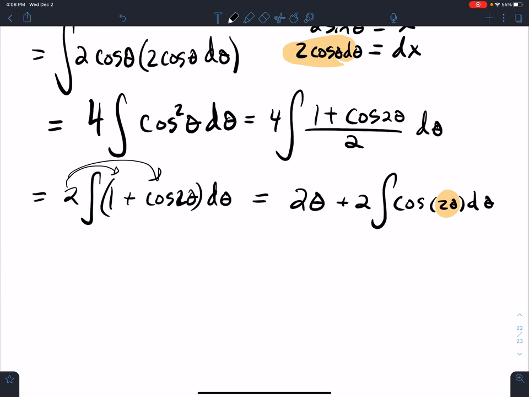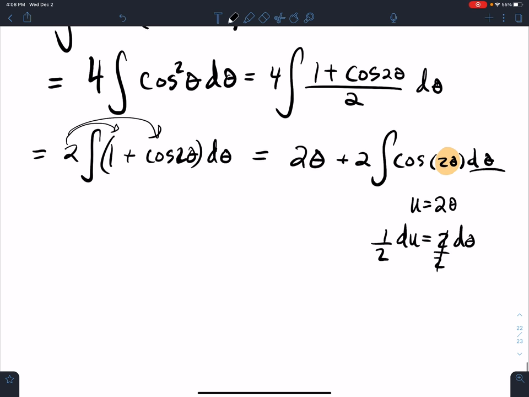So u equals 2 theta. So du is going to be 2 d theta, but I don't have a 2 d theta, I just have d theta, so I'm going to divide by 2 on both sides. So I pick up a 1/2 factor. Well, guess what? That's going to cancel with that 2 factor.